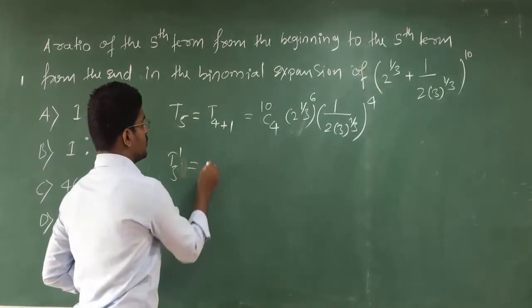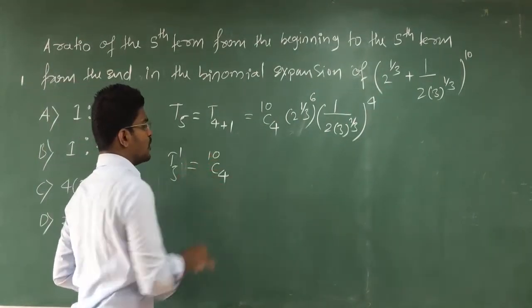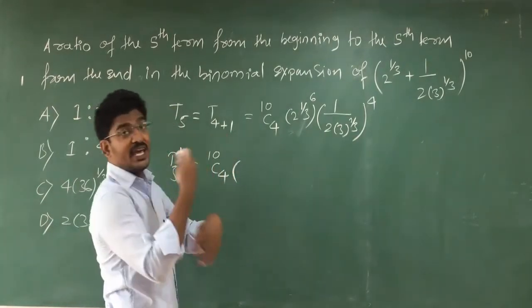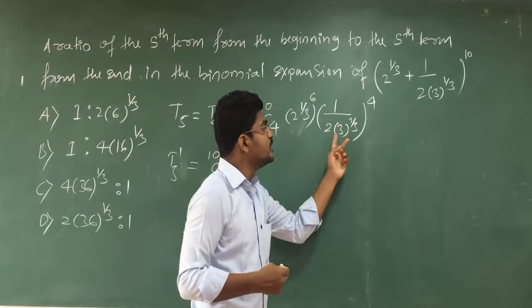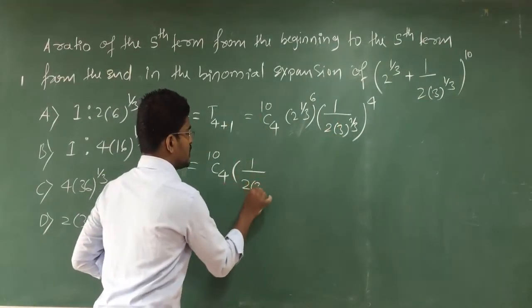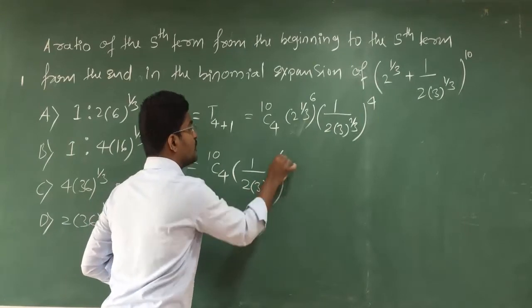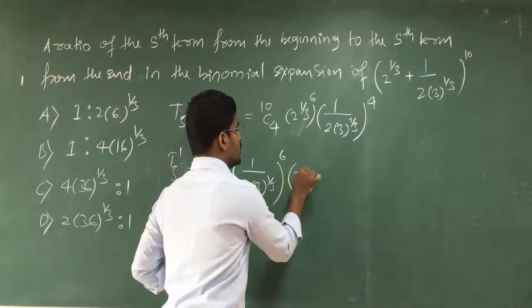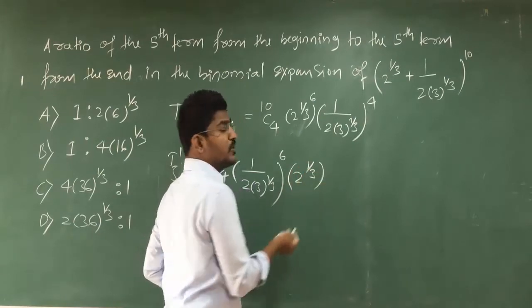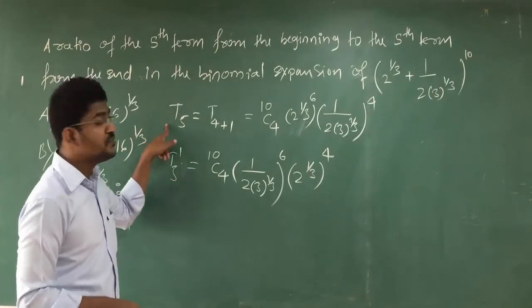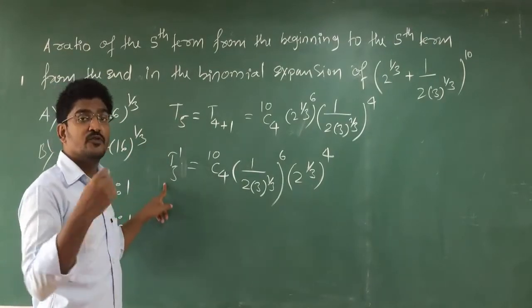Again this will be equal to 10C4. So this is again from the end. The first term will be (1 by 2 into 3 to the power of 1 by 3) whole to the power of 6 multiplied with (2 to the power of 1 by 3) whole to the power of 4. Clear? So that is the fifth term from the beginning and the fifth term from the end.